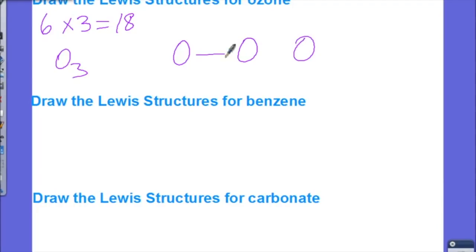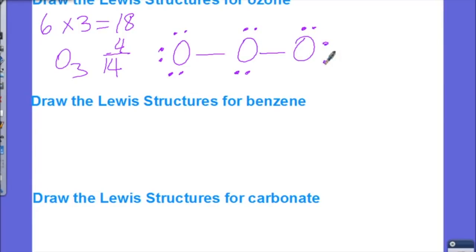I connect them with a single bond, subtract 2, 4 from 18, give me 14, and then I place them. 2, 4, 6, 8, 10, 12, 14.